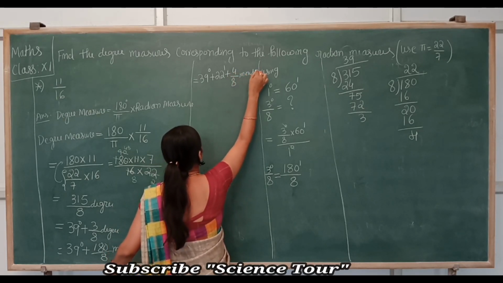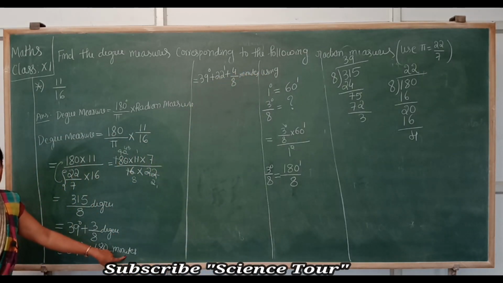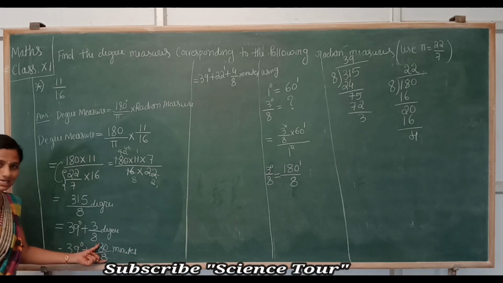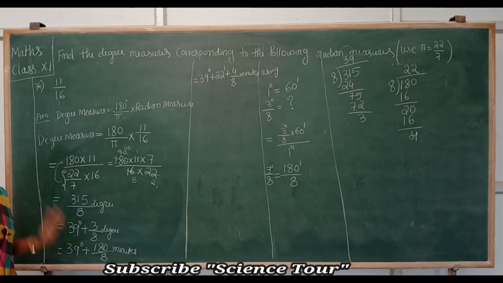In this 180 divided by 8 minutes, the integer part is 22 and the fraction is 4 by 8 minutes.